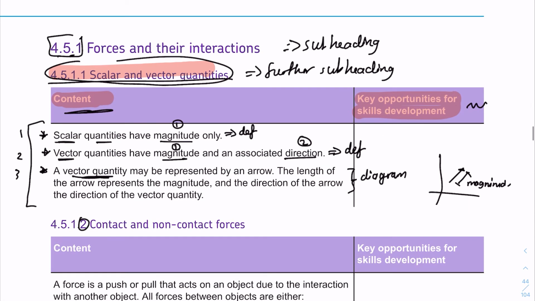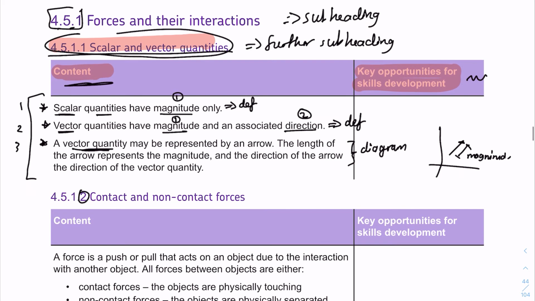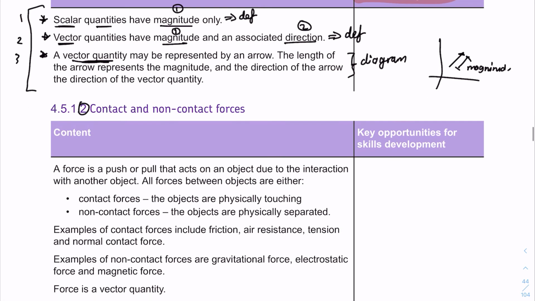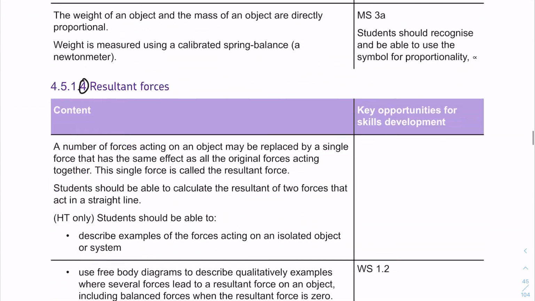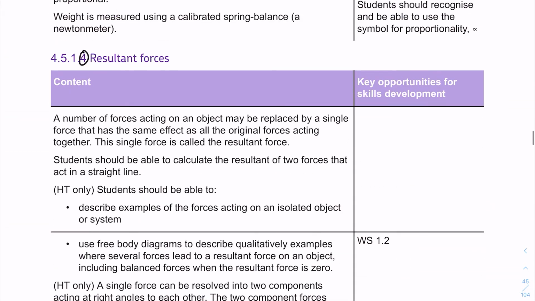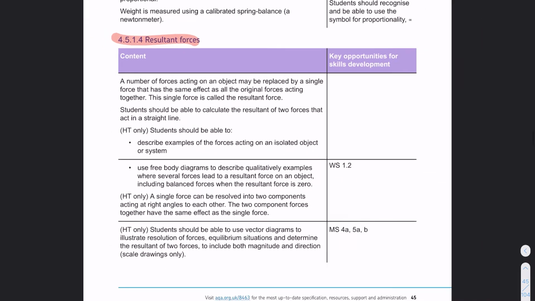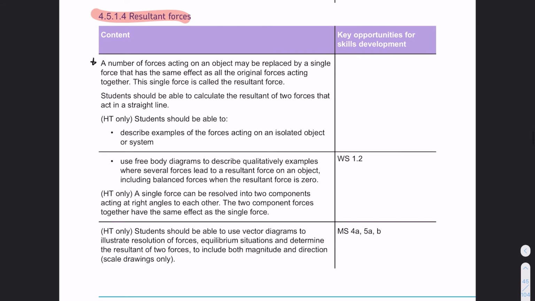Now, before we talked about the 4 different tiers that students are ranked in, and I'm going to show you how the specification specifies the different contents for the different tiers of students. So if we scroll a bit down to 4.5.14 at resultant forces, we can see here we've got the normal sentences here, and then we've got a special part here.